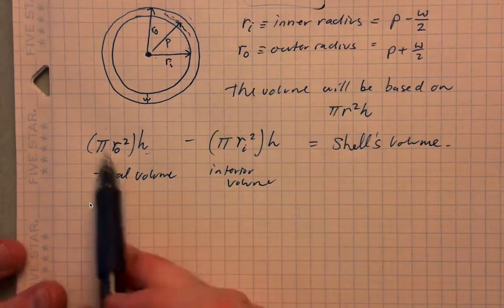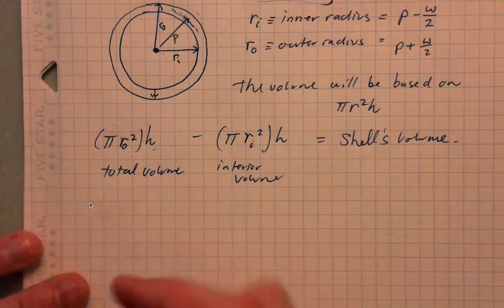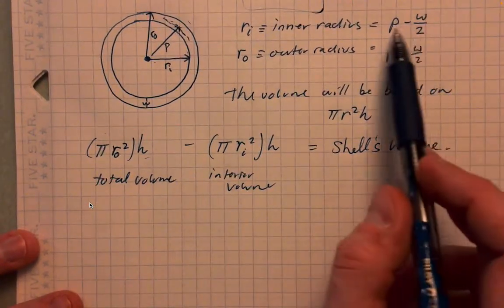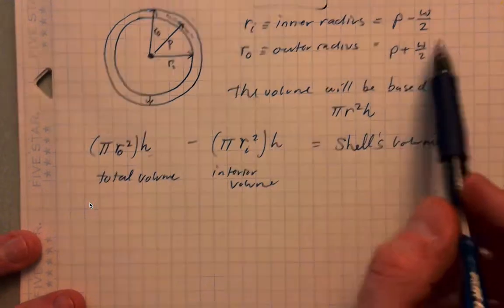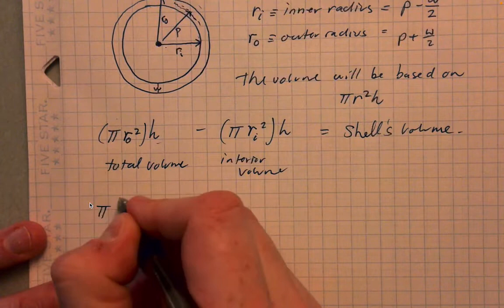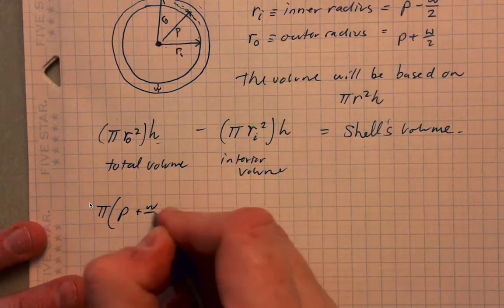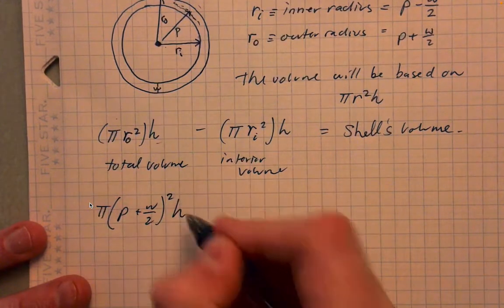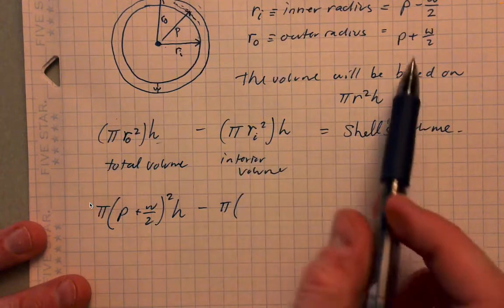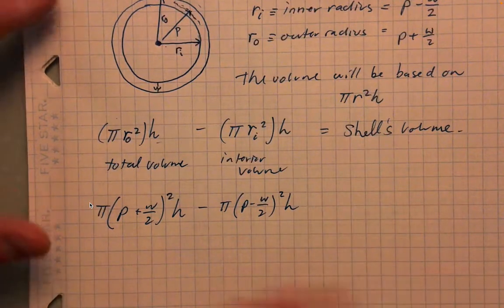Now, let's go ahead and work on this formula here, because this is the basic setup. The outer radius and the inner radius are better expressed using P minus W over 2 and P plus W over 2. So let's rewrite them using that. So pi times the outer radius, which was P plus W over 2, we have to square that, times the height, minus pi times the inner radius, which is P minus W over 2, square that, times the height in both cases.